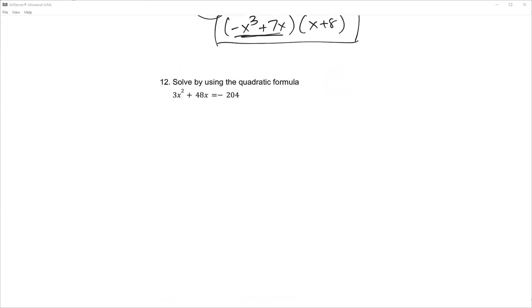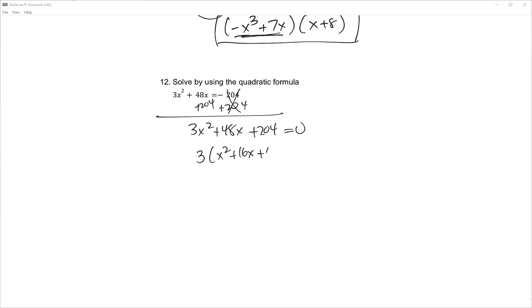All right, and then quadratic formula, add the 204. So it'll be 3x squared plus 48x plus 204 equals 0. Does 204 go by 3? 68. So we could factor out the 3, and then you could go x squared plus 16x plus 68. That might be a little bit easier to do with the quadratic formula.